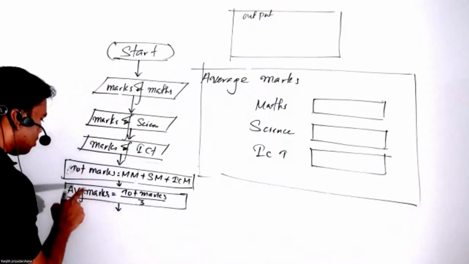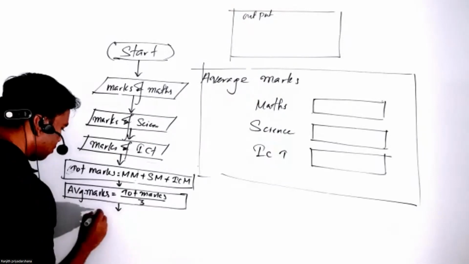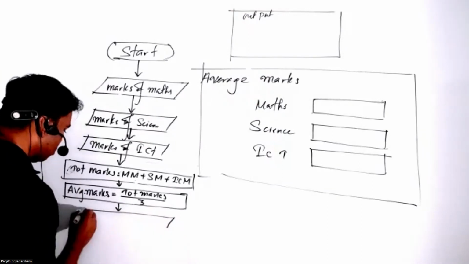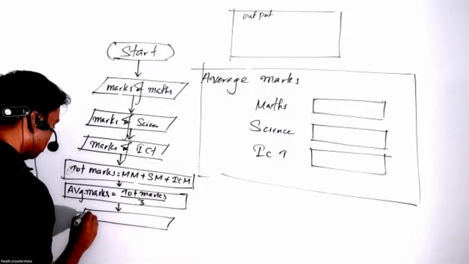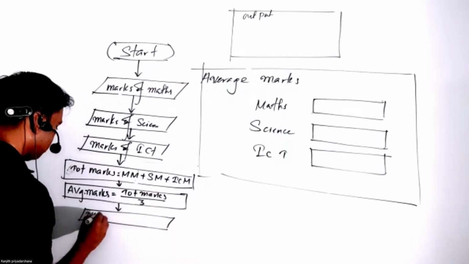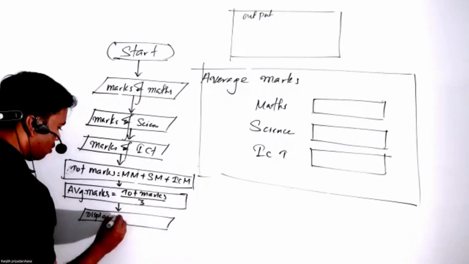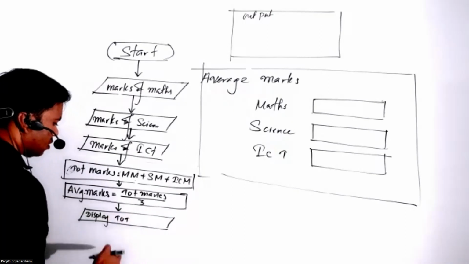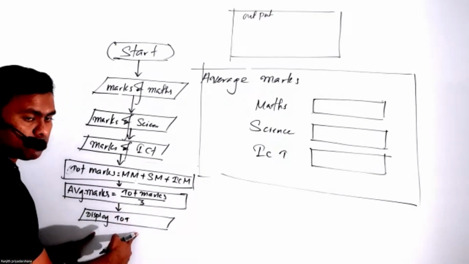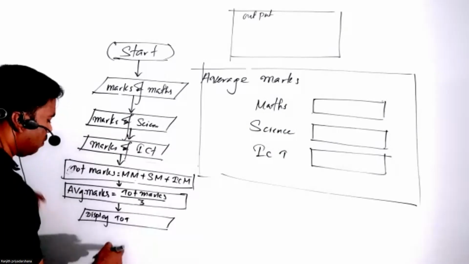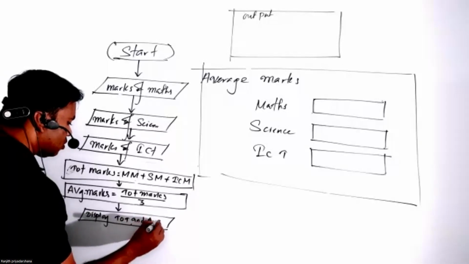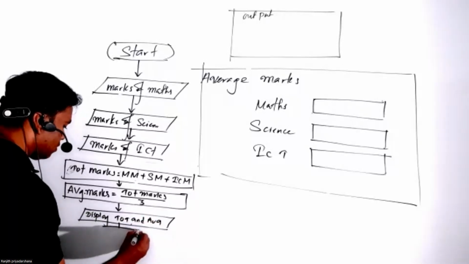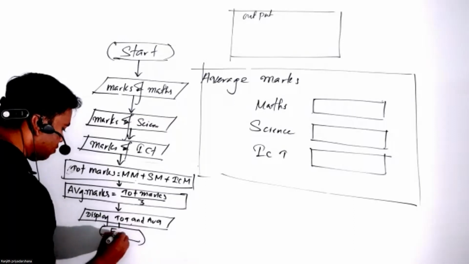Especially, you have to get this total and average. That's also output, so you have to use this shape. Display total. There's not enough space, therefore I take display total and average. So that's the end of this.